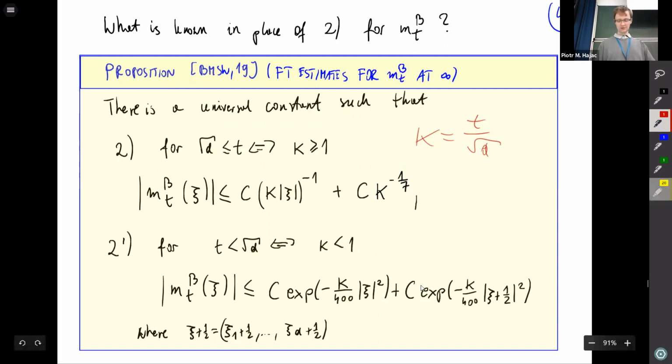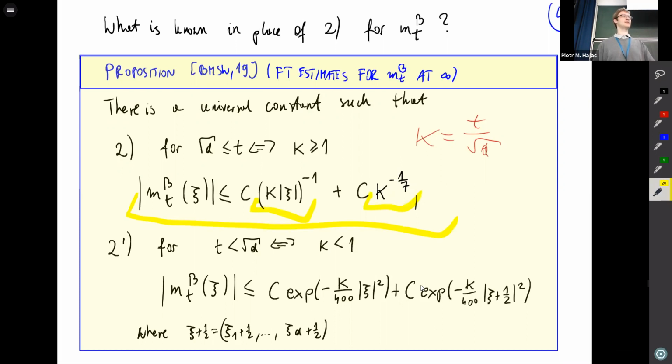And in this regime, we are able to prove this estimate. With this, we are very happy, but the problem is that there is another nasty kappa to the minus 1/7 here. It's not as bad as it would be if kappa is smaller than 1, because at least it may be large. Since we said that kappa is greater than 1, maybe this is a large quantity, so maybe it's not so bad that we have it here.